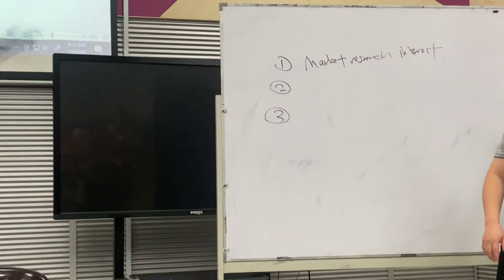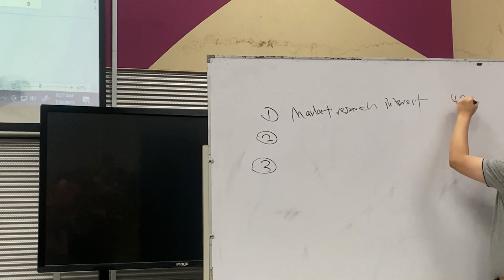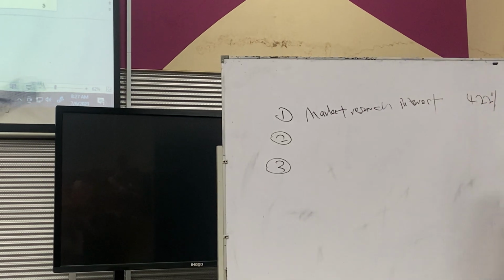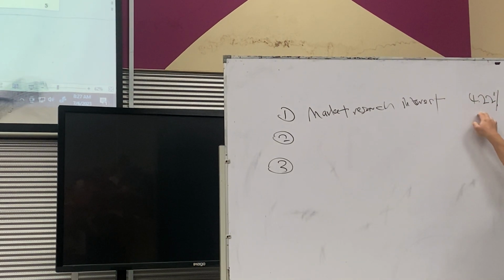Now I think it's about 4 point something. Mine is 4.22. You need to review this every 3 to 5 years. Why do I want you to do that? Because sometimes the economy is not that good, and they will lower it.